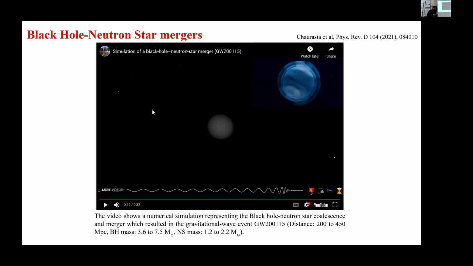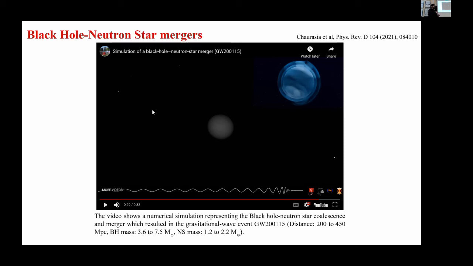So there are a few parameters that are important if we want tidal disruption of the neutron star. One is the spin of the black hole. If it is an aligned spin, a highly spinning system, then there is more probability of a strong tidal deformation of the neutron star. Another important thing is the mass ratio of the system.